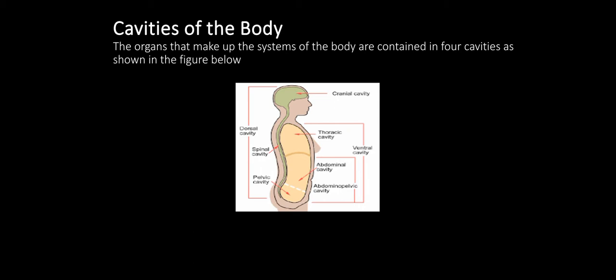Then there's the dorsal cavity and the pelvic cavity behind with the spinal cavity. So these small ones are part of the main cavities, but the systems of the body are contained in 4 main cavities.